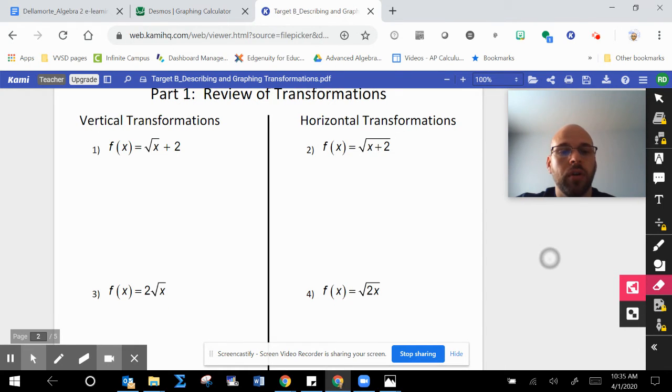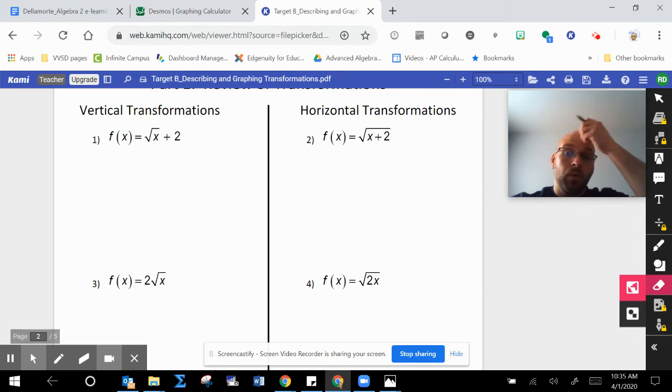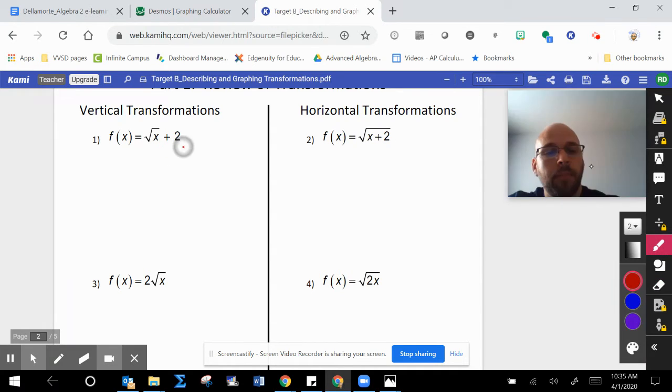All right. So I've kind of separated the transformations into two types. We have vertical transformations and horizontal transformations. So if you take a look at number one, if you remember, if you add a value to the outside, in this case, we're going to add the 2 to the outside.